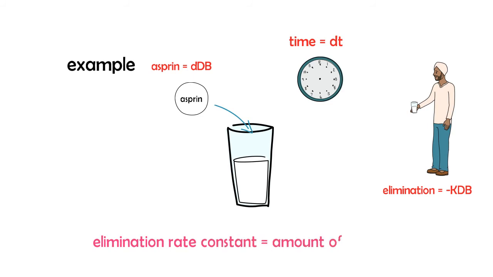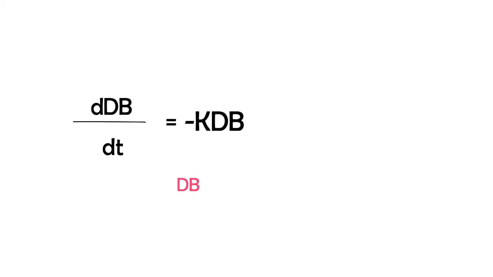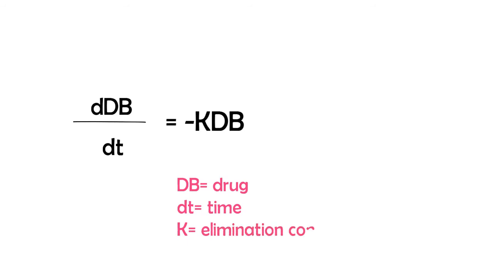So we can say that dB divided by dt is equal to minus k dB, right? dB is the amount of drug, dt is the time, and k is the elimination rate constant, so it's the amount of drug that is getting out of there. I hope you got it. I never got it in my student life.